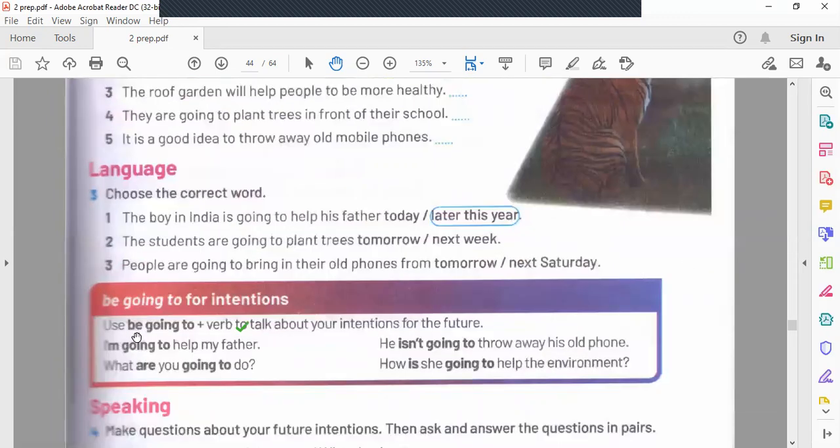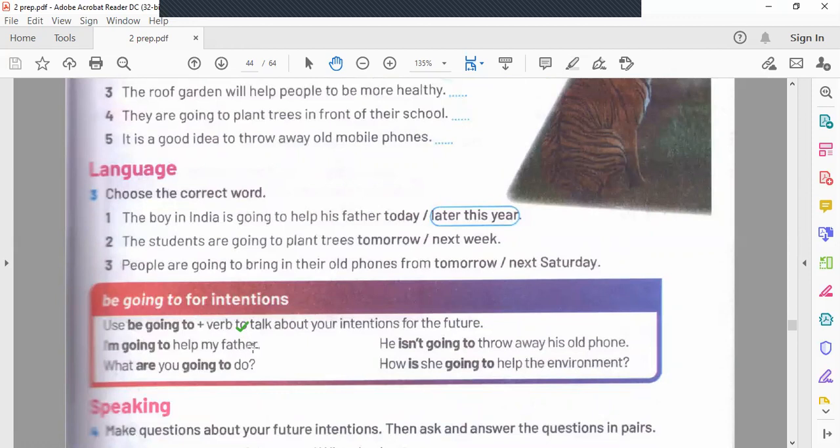We use the verb to be plus going to plus verb to talk about your intentions for the future. So we use going to to refer to an intention for the future.